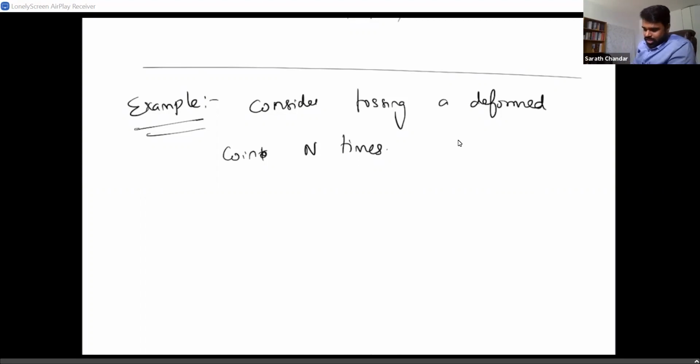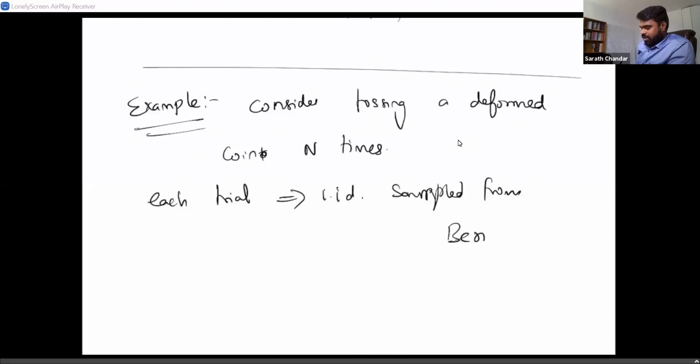Okay, now each trial is going to be IID sampled from a Bernoulli random variable with parameter p.